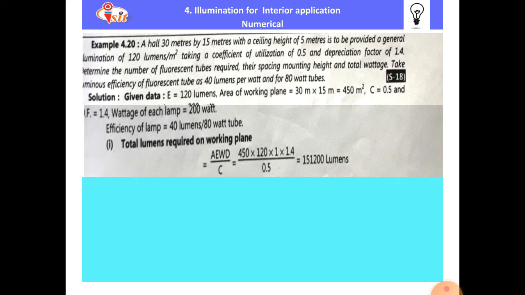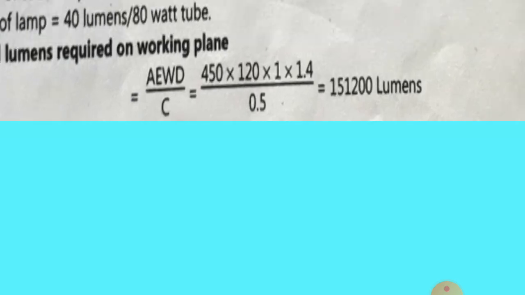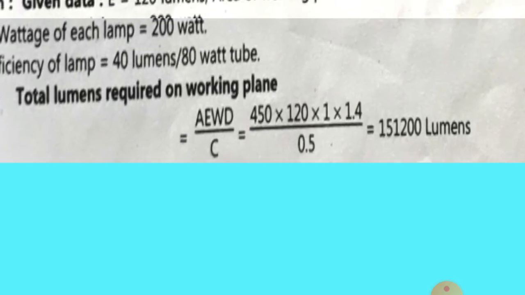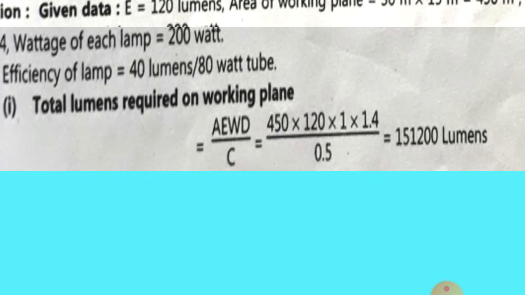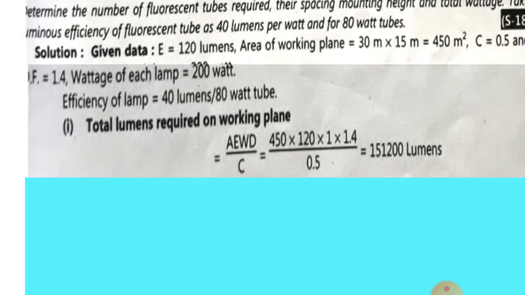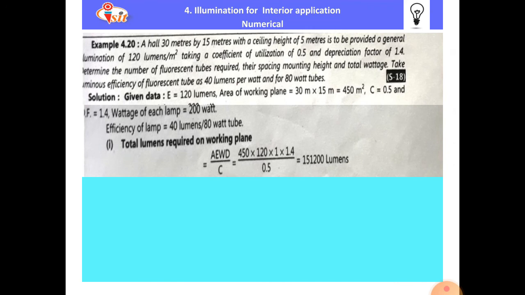Total lumens required for that purpose, considering the waste light factor, depreciation factor, area, illumination required, and coefficient of utilization, is 1,51,200 lumens on the working plane.